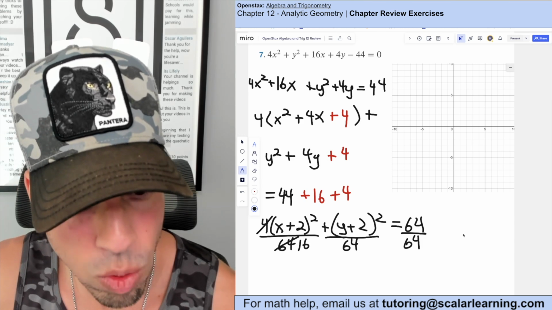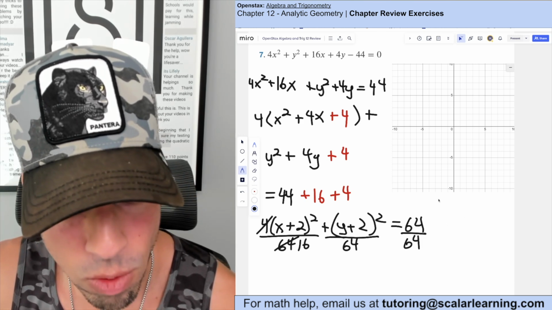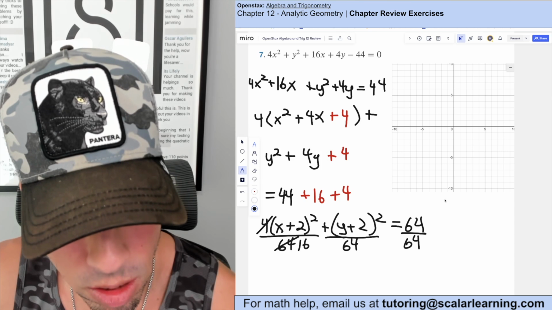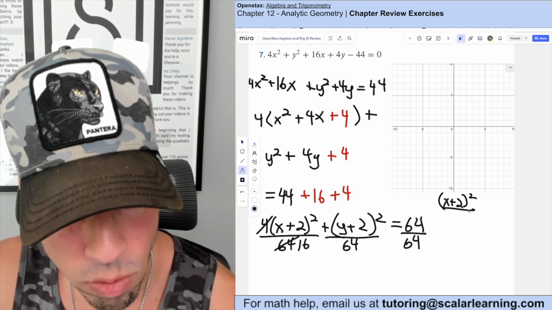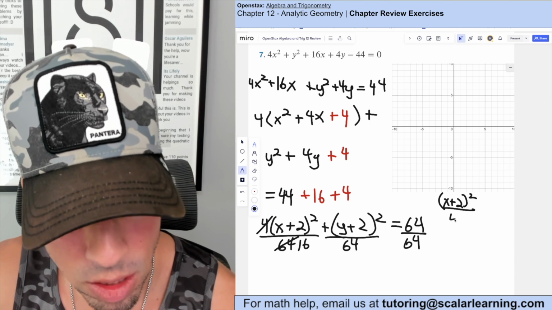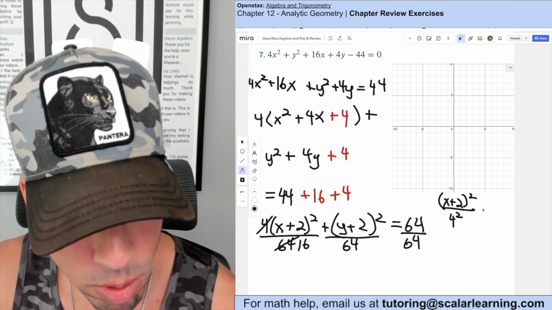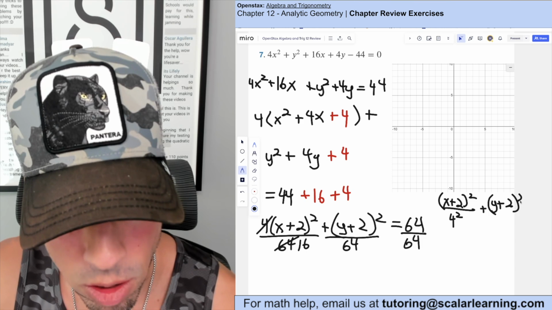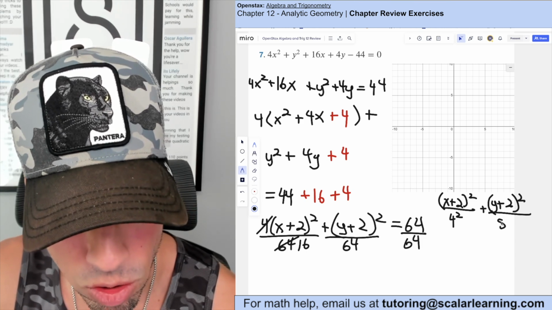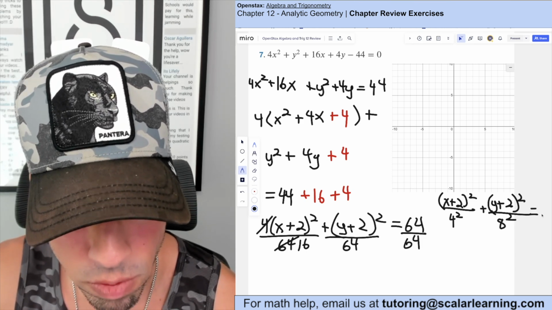So my final equation in my nice standard form is going to be x plus 2 squared over 16, which I'm going to write as 4 squared, okay? And then plus y plus 2 squared over 64, which is 8 squared, and that's equal to 64 over 64, which is 1.